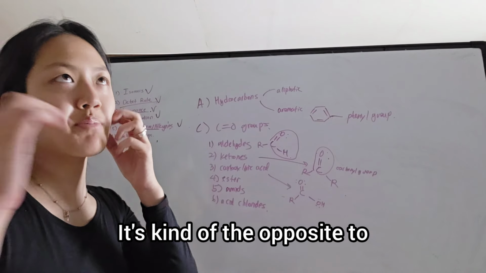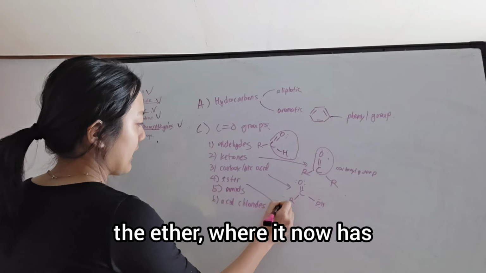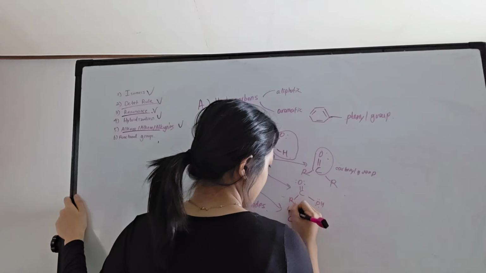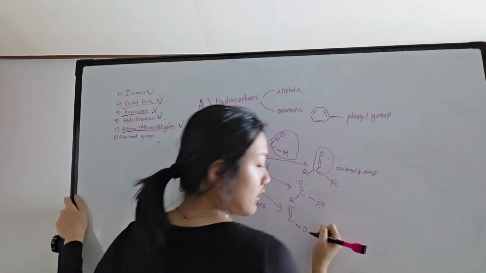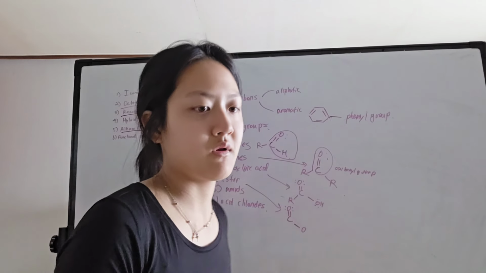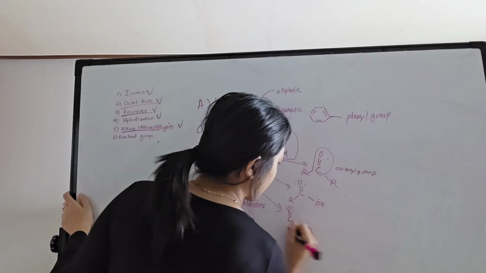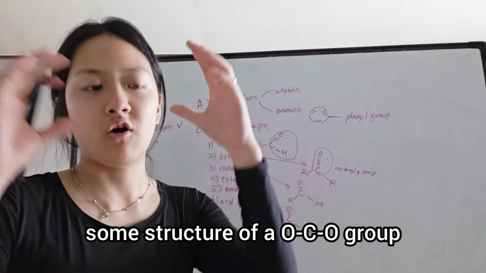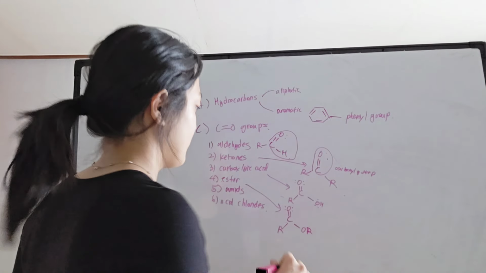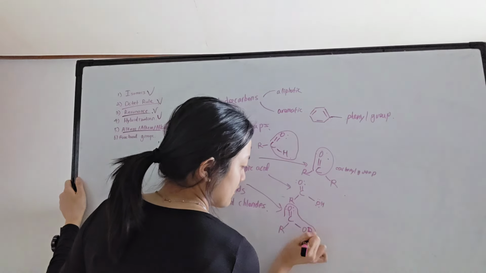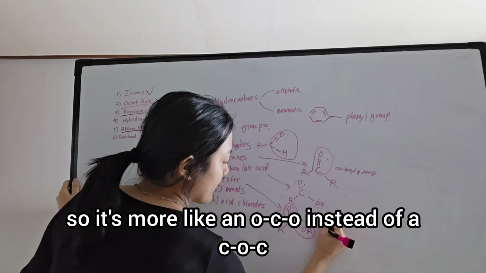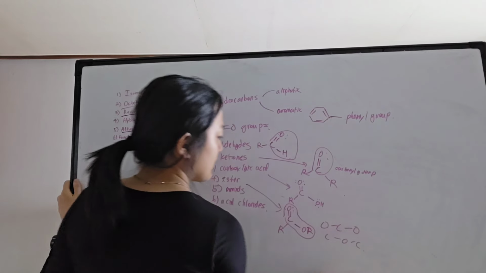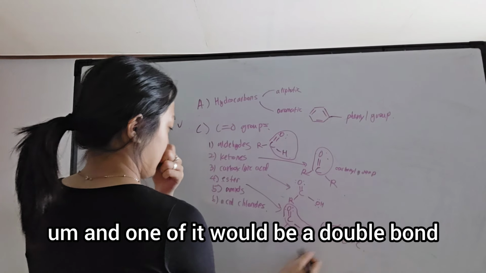It's kind of the opposite to the ether, where it now has CO, RO, R. So it has some structure of an OCO group, like this. So it's more like an OCO instead of a COC. And one of them would be a double bond.